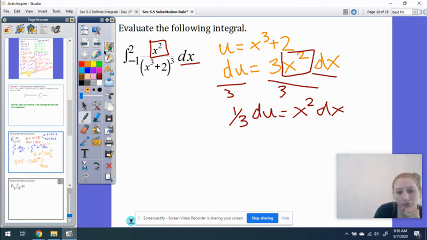Okay, so before I keep going, we are going to plug in to x the negative 1, and so negative 1 to the third power plus 2. That is going to give me 1. And then we have 2 cubed plus 2, and that's going to give me 10.